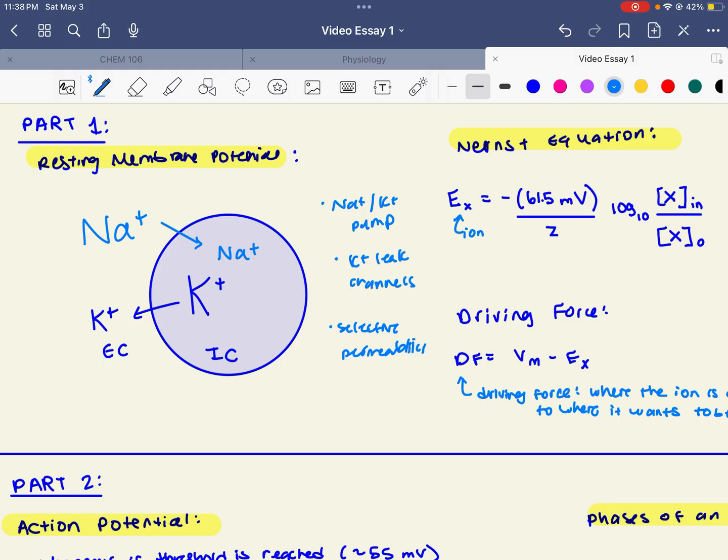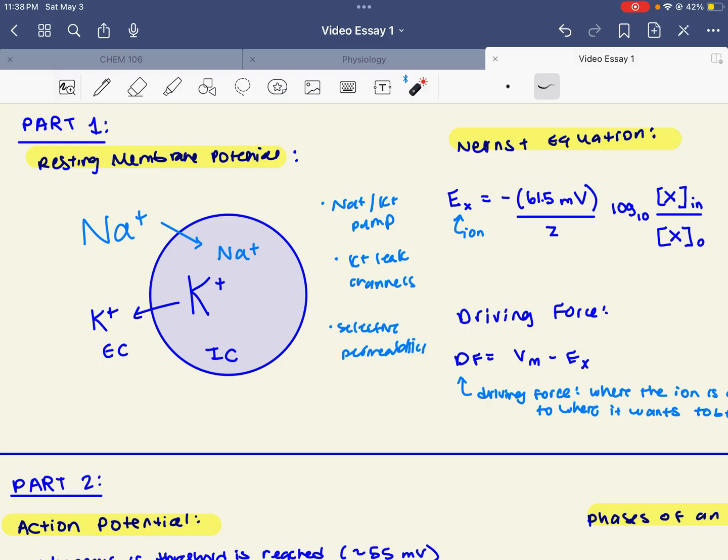The sodium-potassium pump helps establish the gradient. It pumps 3 sodiums out of the cell and 2 potassiums into the cell. This makes the inside more negative by causing a separation of charge, but this doesn't contribute to the majority of the negative charge in here.